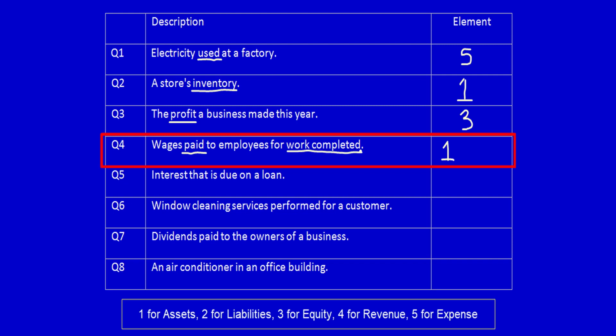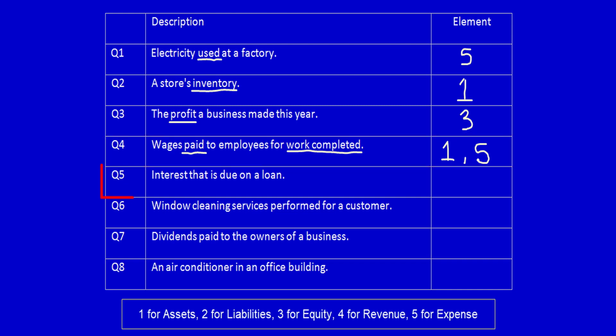This indicates that the business has consumed the services of the employees, and the word consumed is part of the definition of an expense. So this is a transaction because it affects two financial reporting elements: assets, which are decreased because money was paid, and expenses because we used, consumed, or incurred something to help generate revenue.